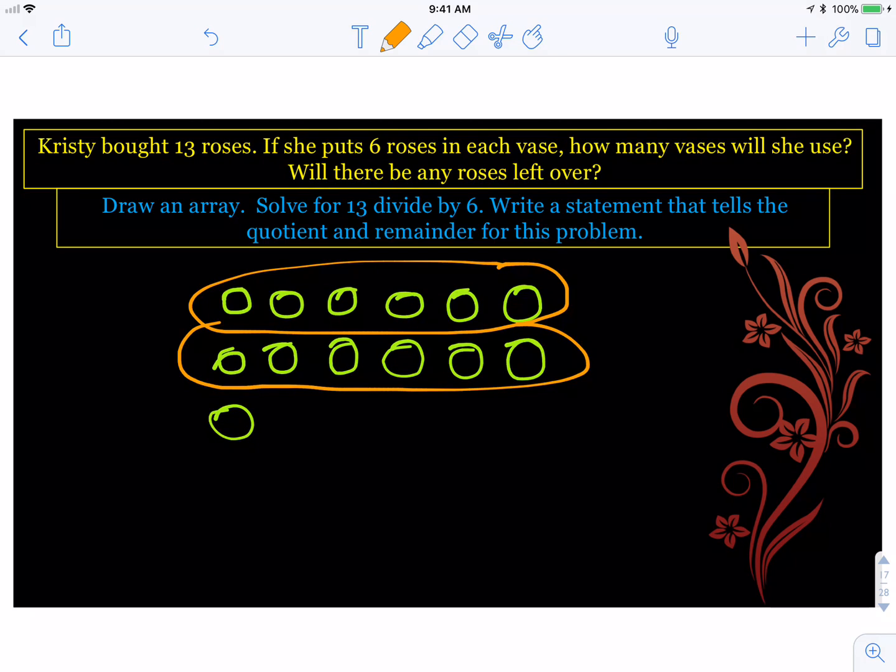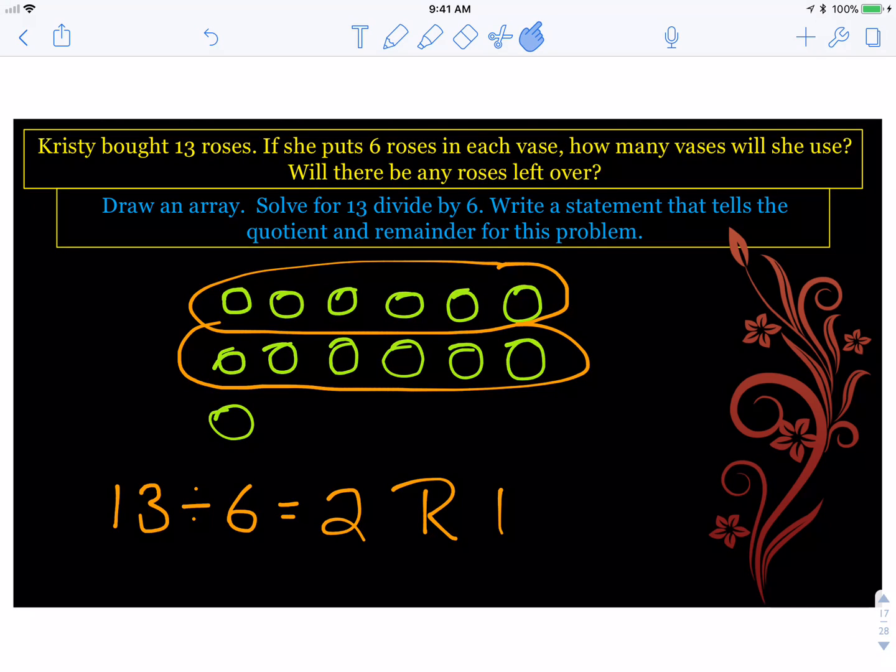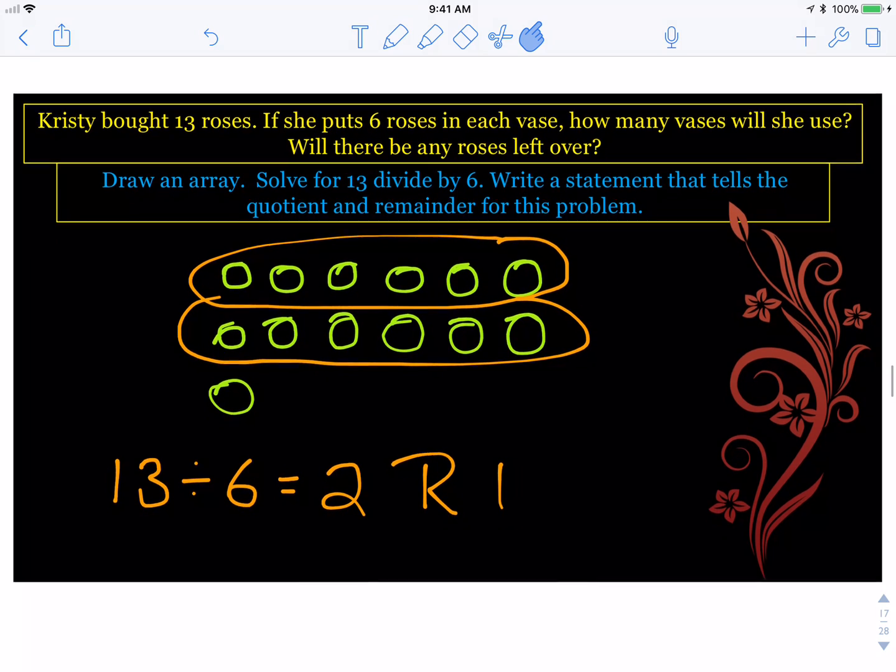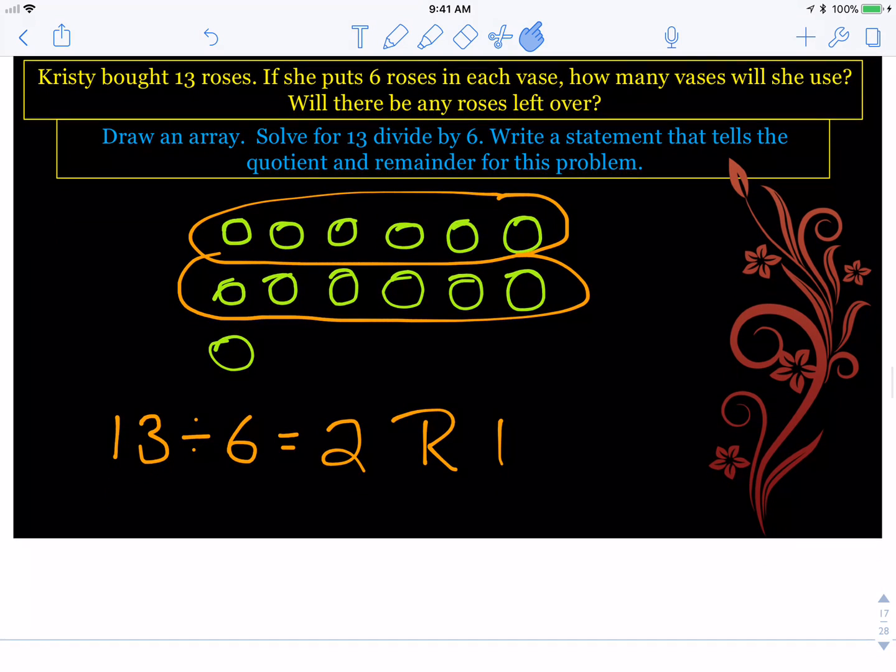So 13 divided by 6 equals 2, remainder 1. It's easy, easy people, easy. Okay, so she'll use 2 vases with 1 row left over.